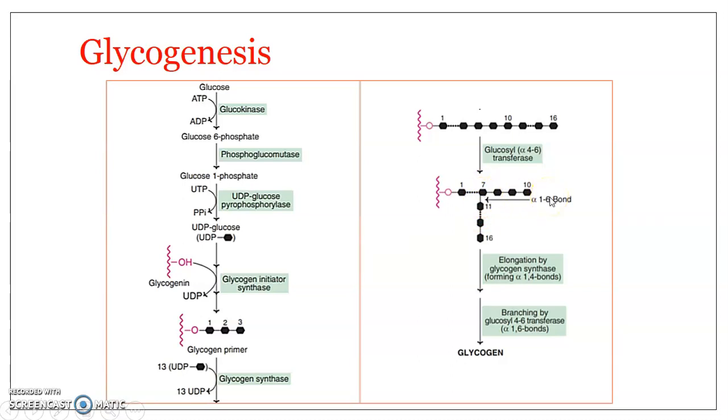So the branching enzyme will break the alpha 1,4 glycosidic bond, separate a fragment of glucosyl residues from the linear chain, and then reattach it to the chain through an alpha 1,6 glycosidic bond. This creates a branching point over here. Now there are two non-reducing ends, one on this side and one on this side.